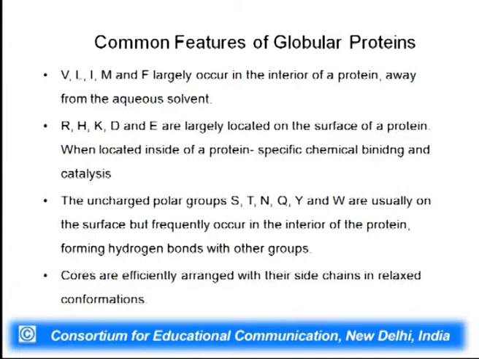So, these were located in the interior of the protein and they also formed hydrogen bonds. Hydrogen bonds are important. Why? Because hydrogen bonds can be formed inside the protein, the intramolecular intra-chain hydrogen bonding, and then there is another hydrogen bonding which occurs with the water which is present outside.